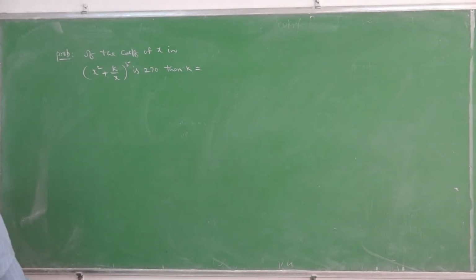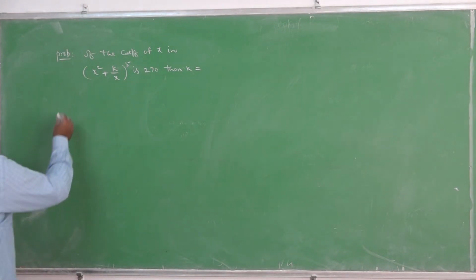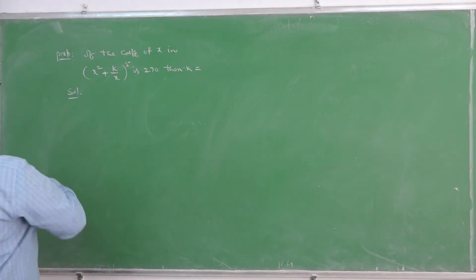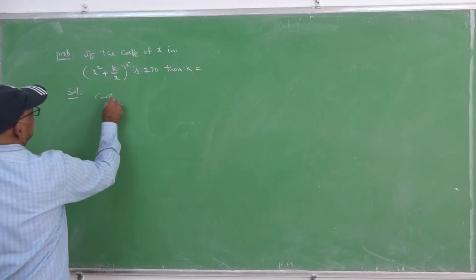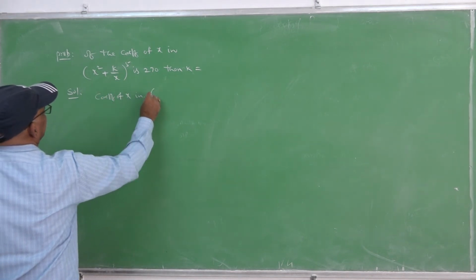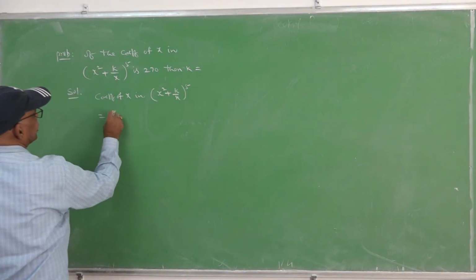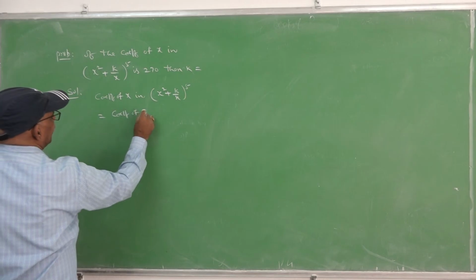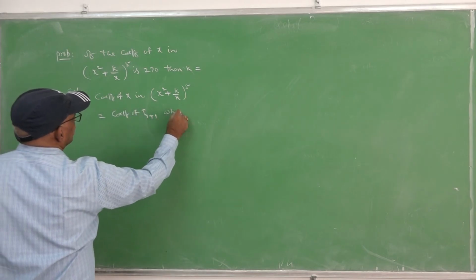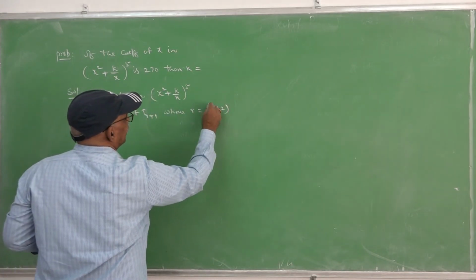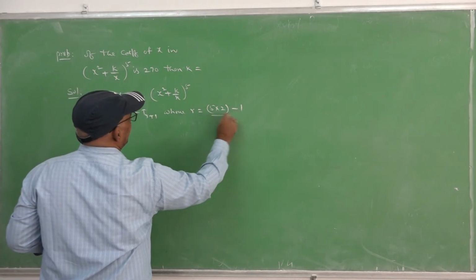The coefficient of x in expansion (x square plus k by x) whole power 5 is coefficient of t r plus 1, where r takes the value (5 into 2 minus 1) by (2 plus 1).